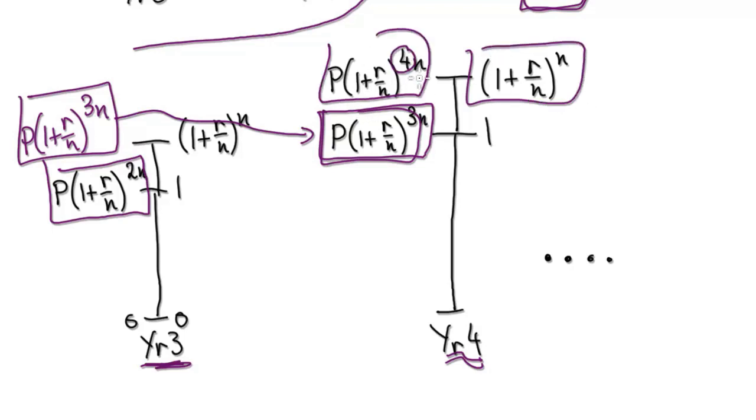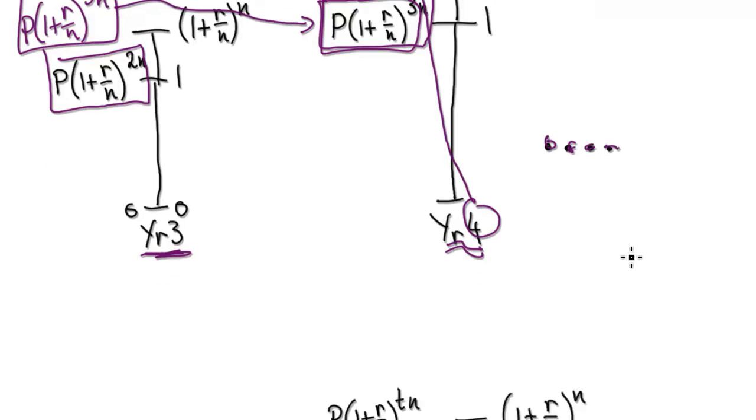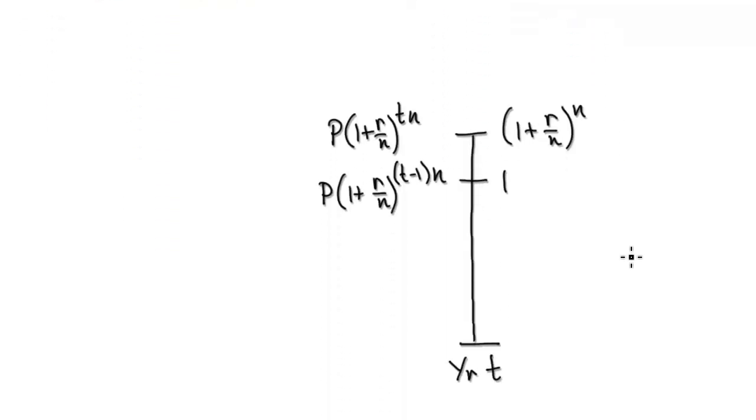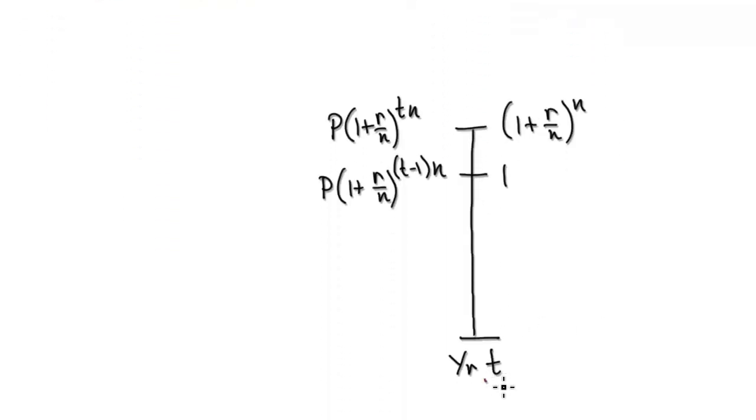Notice that this matches up with the year that you're in. So if you want to compound it T years later, at the end of year T, you will have this much.